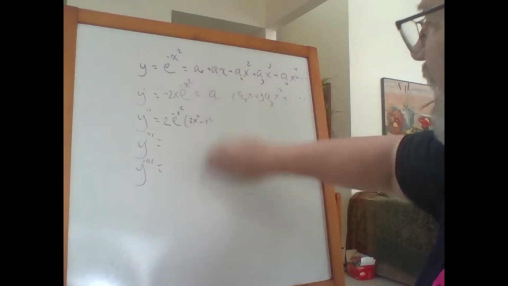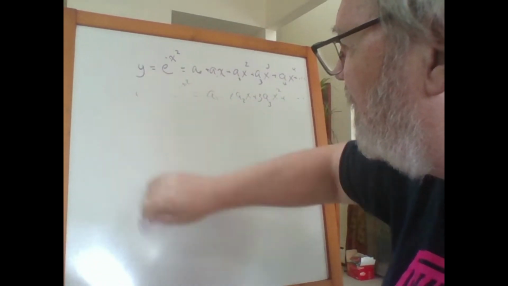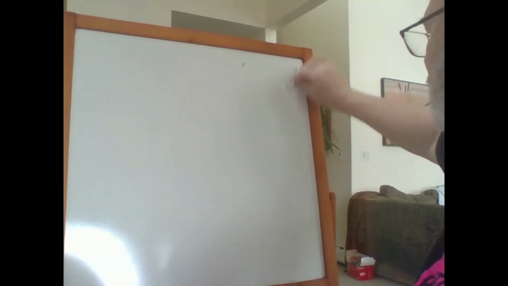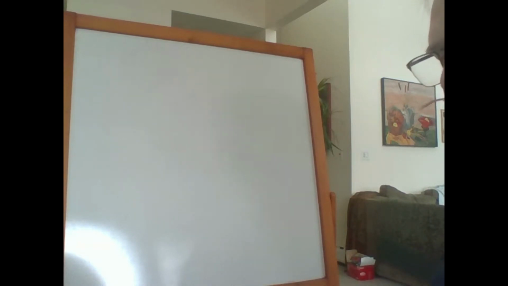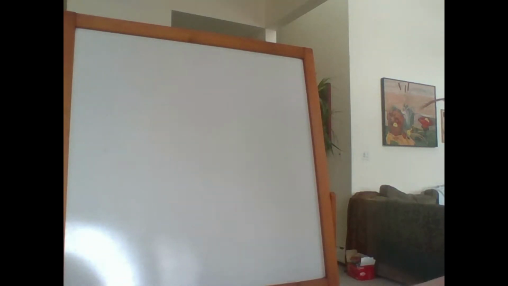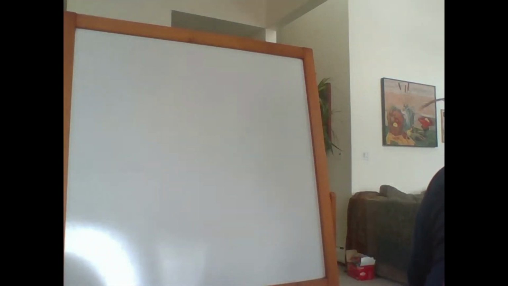But the thing that is nice about this is while e to the minus x squared is not integratable, you can't integrate that function, you can integrate the infinite series because it's a polynomial. You just use the integration rule for polynomials, and then you can integrate the area under the Gaussian curve as modeled by the infinite series, the Taylor series.